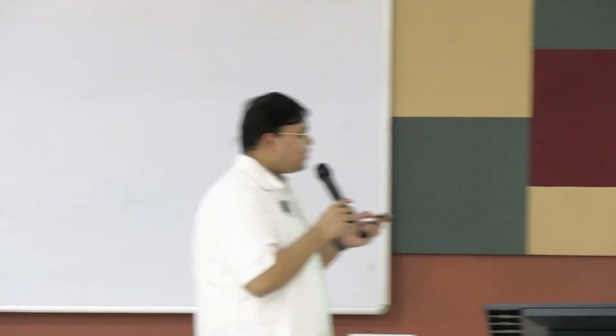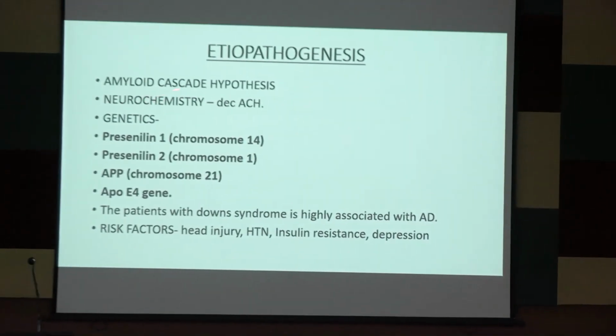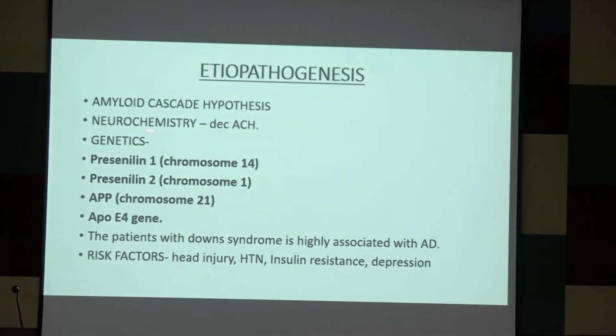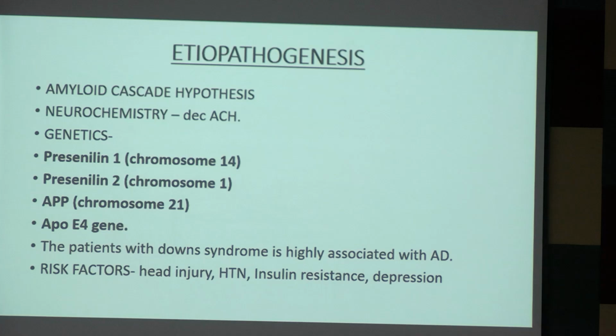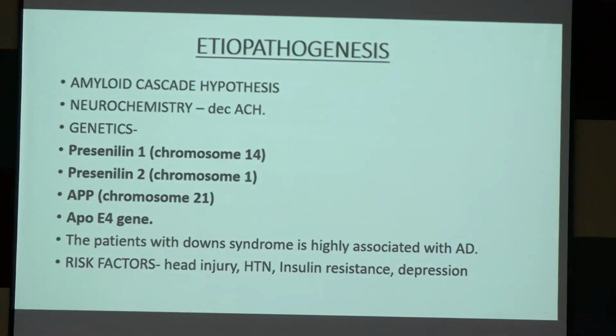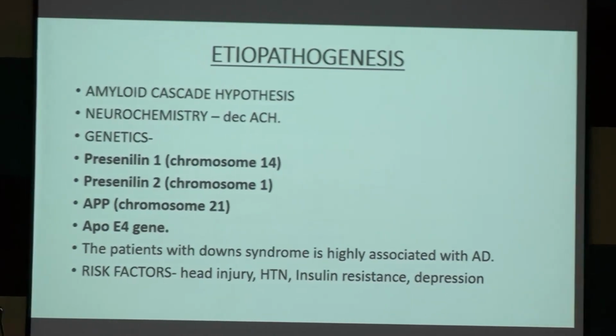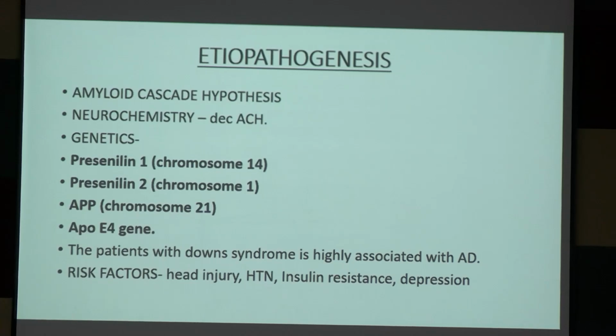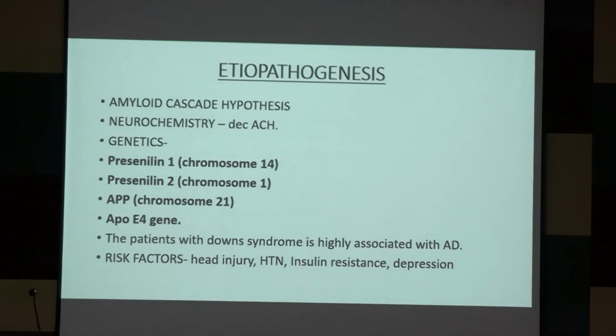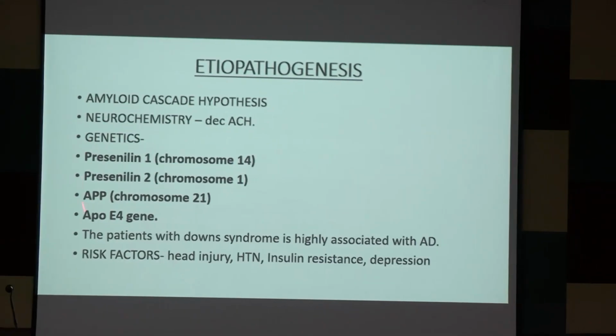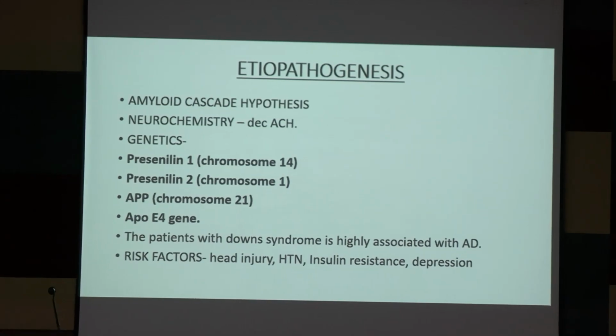এটিওপ্যাথোজেনেসিস নাম্বার 1 আগে ডিসকাস করেছি, অ্যামাইলয়েড কাসকেড হাইপোথিসিস। নিউরোকেমিস্ট্রি, there is decreased acetylcholine. Genetic, there is genetic preponderance of Alzheimer. সবার তো আর অ্যালজাইমার হচ্ছে না, there is obviously a genetic. কি কি দেখা গেছে? Some genes, there are mutation of certain genes are observed.